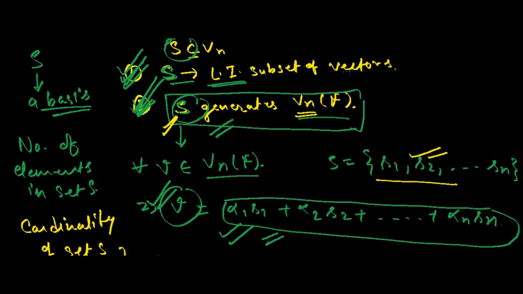But there can be a situation where we don't know the dimension. Then we'll just suppose that S is the basis and S has some k elements, and we'll try to show that every vector V can be written as a linear combination of these k elements.